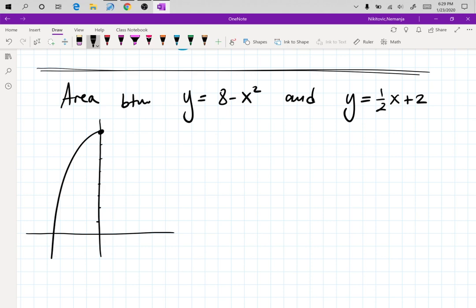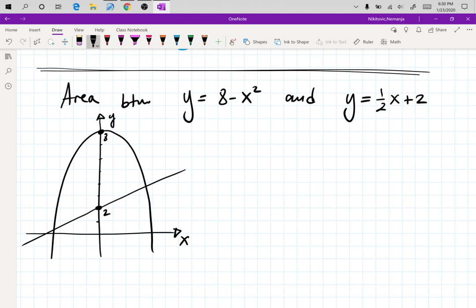And then I'm just going to drop the parabola down. I don't know where it exactly cuts through the x-axis. I don't care, I just want to know the shape as close as possible. Then I have the linear line with a y-intercept of 2, and it has a positive slope, so it's going to go something like this. I don't really need great precision for any of this stuff. This is good enough.